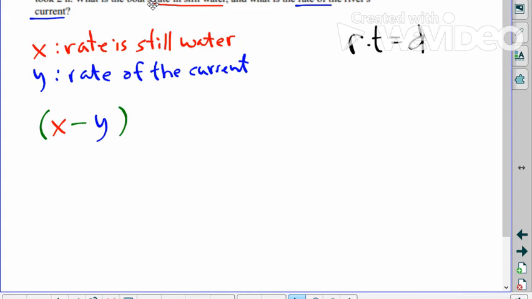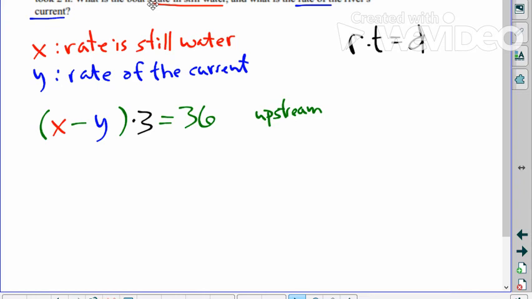Times the time, we know that that took 3 hours going that direction. And the distance that got us is 36 miles. So if I was labeling this, I would say this is our upstream equation, where we're fighting the current.